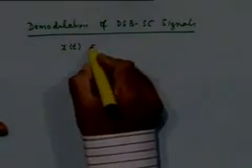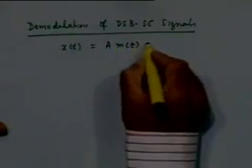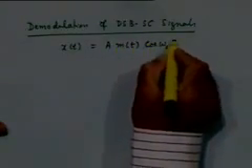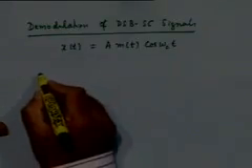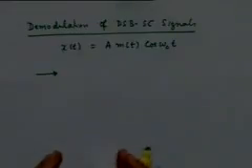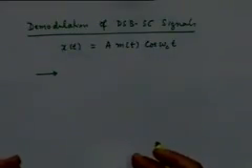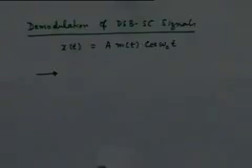The received signal x of t, which is equal to A times m of t times cosine omega_c t, once again needs to be translated back. We have to go through a frequency translation process, so that we get a component around the zero frequency, that is a baseband component. Of course, in the process we will get a component around 2fc as well.